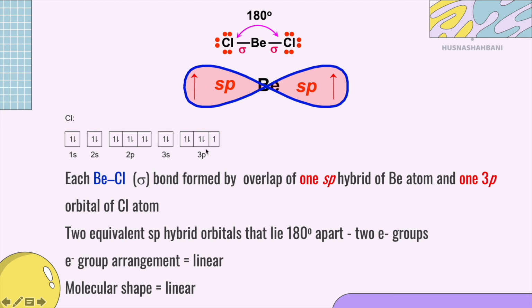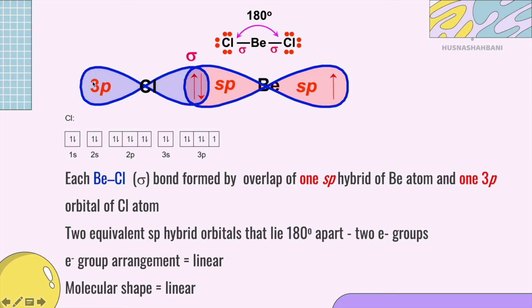The unpaired electron of Cl is in the 3p orbital. So you have to draw the p orbital. The p orbital shape is dumbbell. So you have to draw the p orbital for Cl with one unpaired electron like this. This is 3p because the unpaired electron is in the 3p orbital.